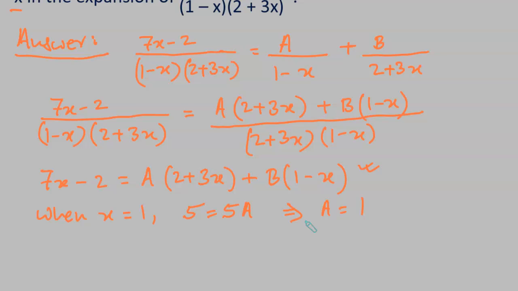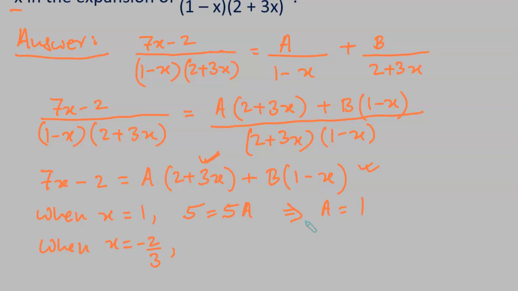For the value of b, x is equal to negative 2 over 3. If x equals negative 2 over 3, 3x becomes 3 times negative 2 over 3 will be equal to negative 2. And 2 plus negative 2 will be equal to 0. This part will be equal to 0.